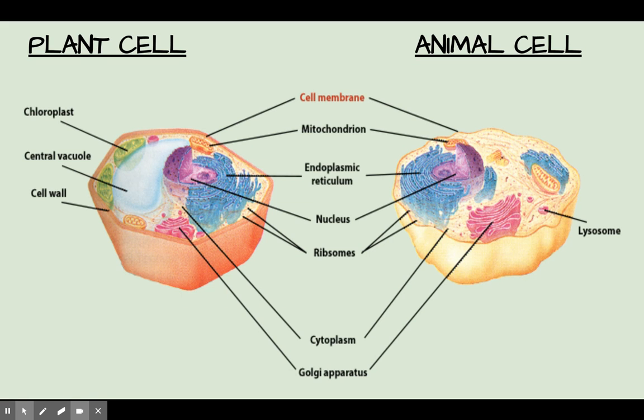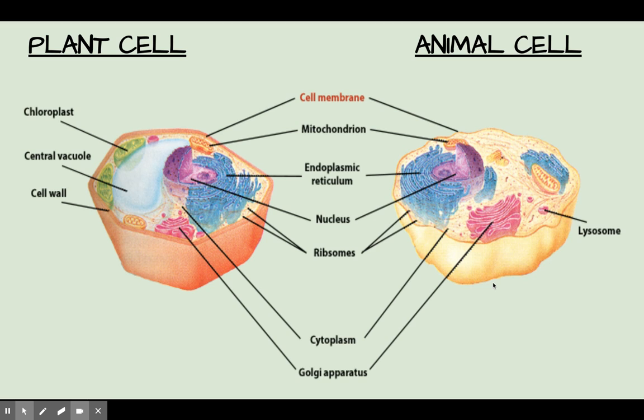So here's the picture comparing the two. Let's look at that. Animal cells here on the right, plant cells here on the left. Right off the bat, let's look at the fact that this has a cell wall. Okay, this one does not. This just has a cell membrane. And notice the cell wall leads to a different shape. See how this one has a more rigid shape? It's like every side is straight. Versus with an animal cell, it looks more rippled, right?